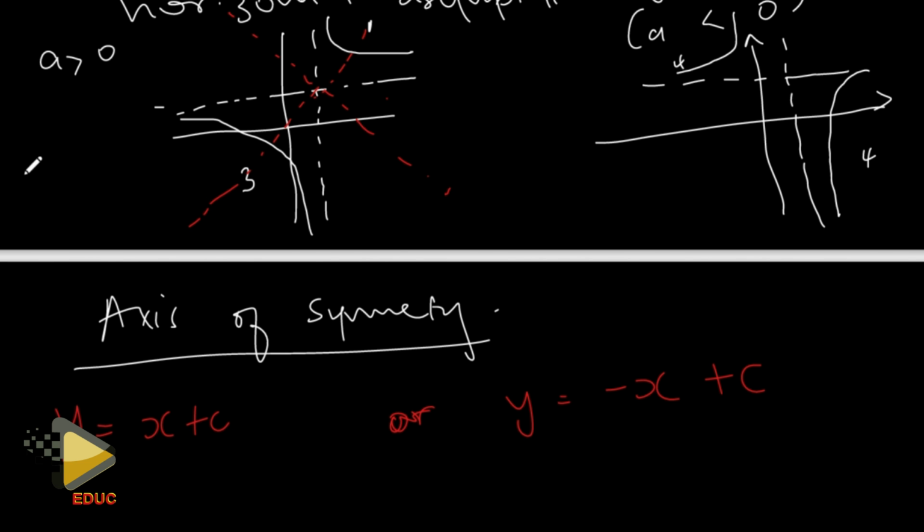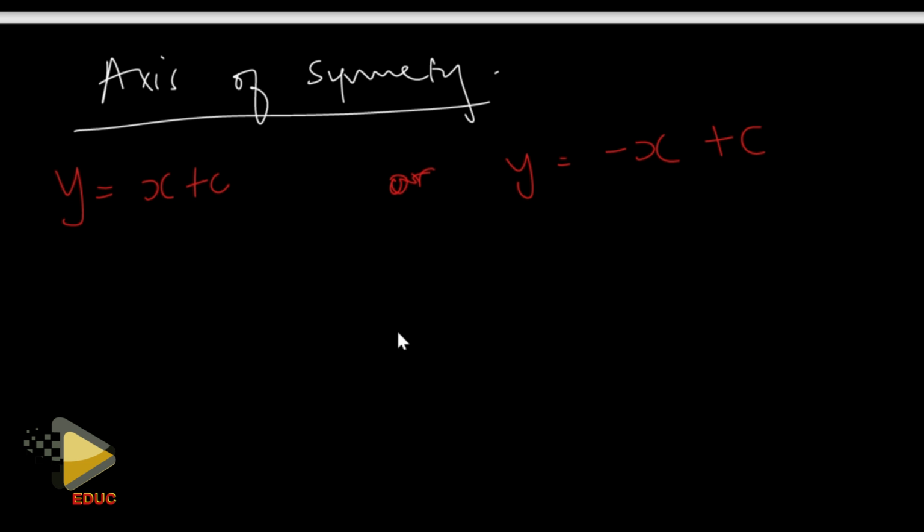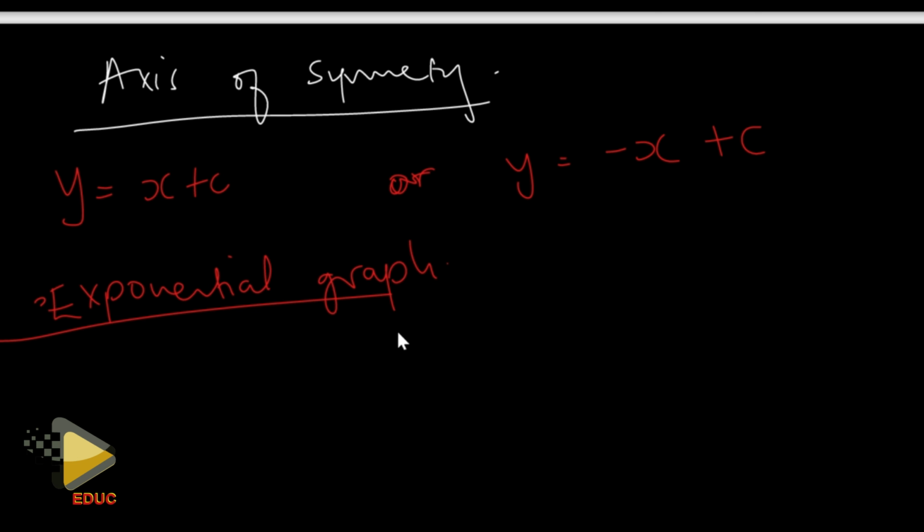And then the last aspect of the graph, we have what we call the exponential graph or exponential function. This will be given in the form of y is equal to b to the x plus p, plus q.